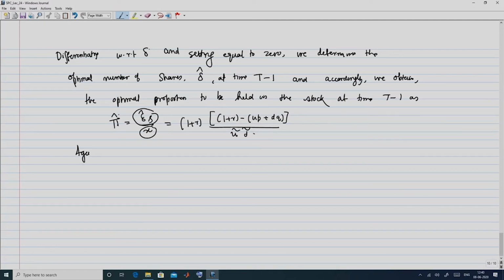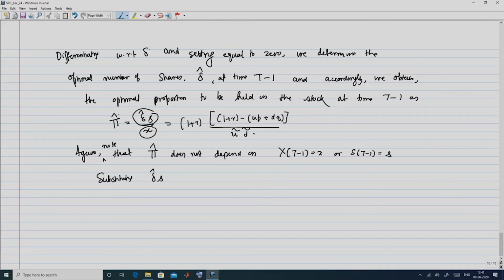And again in this case also, for the log utility, we note that pi hat does not depend on x of t minus 1 equal to x or s of t minus 1 equal to s.